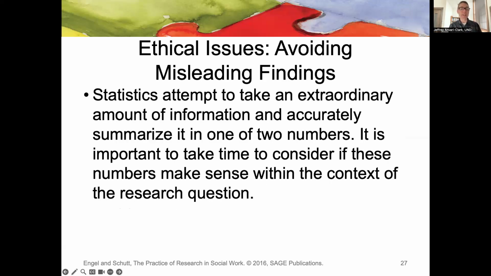Ultimately, statistics take a ton of information and summarize it in just a few numbers. And so we need to unpack the story behind that number. So it's important to understand the context of the research question and to provide all of that nuance so that it's not misunderstood.